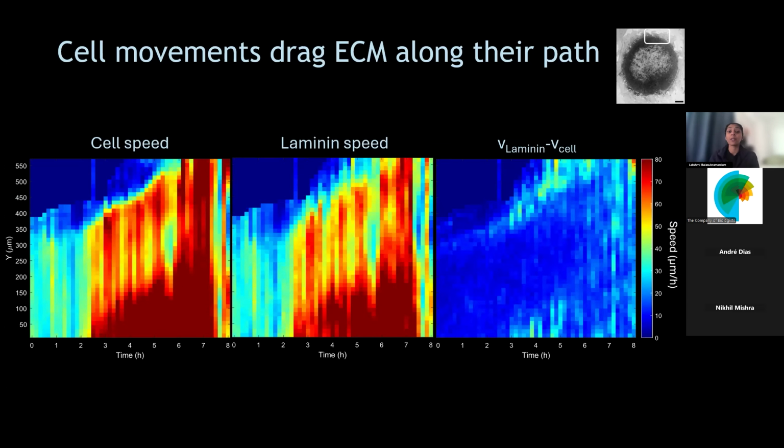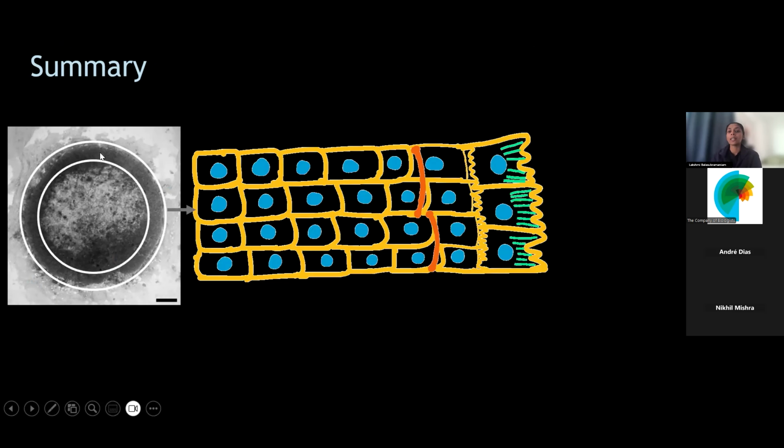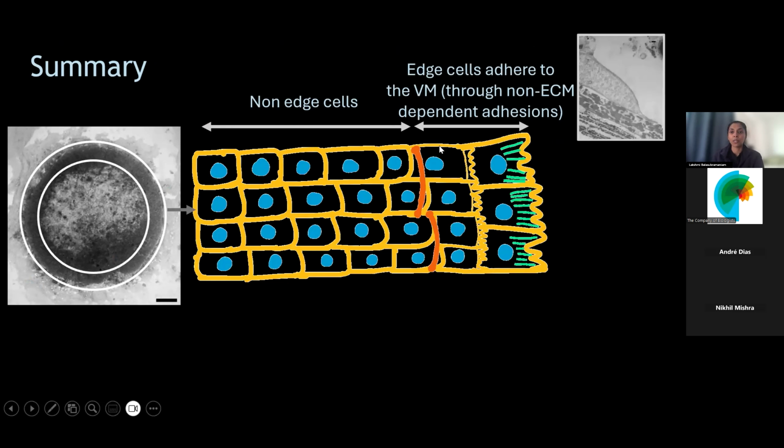So just to quickly summarize what I've shown you today: this expansion process during blastoderm expansion can be modeled as a collective migration process, where you have a unique architecture where the cells on the edge are adhered onto the underlying vitelline membrane through a non-ECM dependent adhesion. And you have a group of non-edge cells which have an apical polarization facing the vitelline membrane.